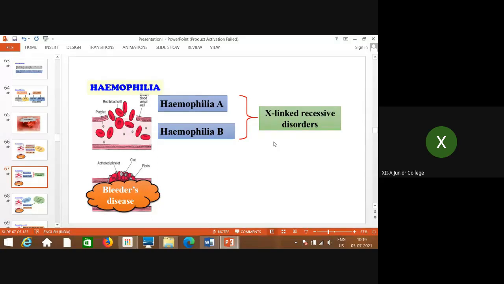Then only there is a chance of hemophilia in case of females. That's why females are generally carriers but not sufferers, but males are generally always sufferers, never carriers, because males have only one X chromosome. And if that chromosome shows the presence of the recessive gene, then that gene is expressed, and that's why males are generally sufferers. So the chances of such diseases are more in males than females.